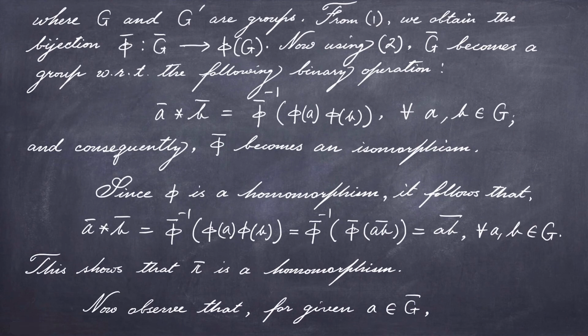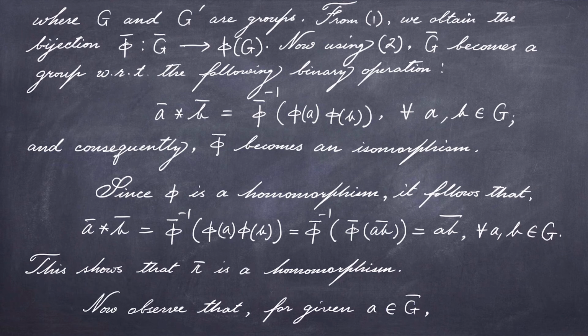So phi A, phi B is immediately phi AB, and according to the definition of phi bar, phi AB is nothing but phi bar of AB bar. So this is immediately seen to be AB bar. Using the structure preserving property, and of course that G and G bar have group structures, we can see that A bar star B bar is nothing but AB bar.